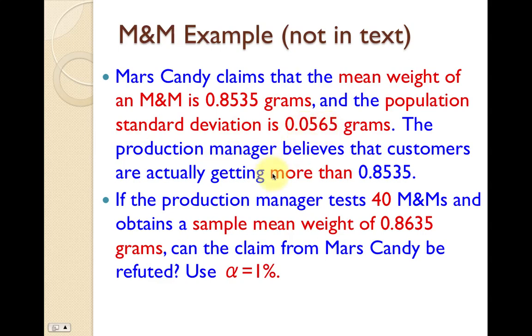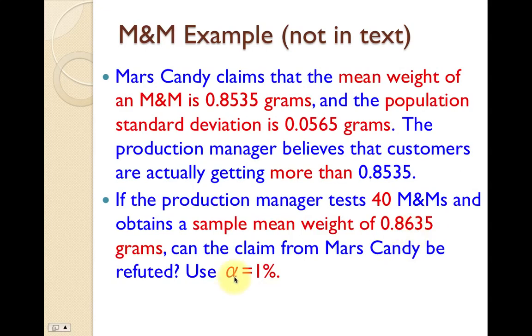The third thing, the words more than gives you an indication of the direction. 4, you need the sample size. 5, sample mean, you need the value for x bar, 0.8635. And the last thing, the size of the value for alpha. Alpha is 1% in this case. So when it comes down to our conclusion, we really want to be comparing our p-value not to 5% this time, but to 1%.